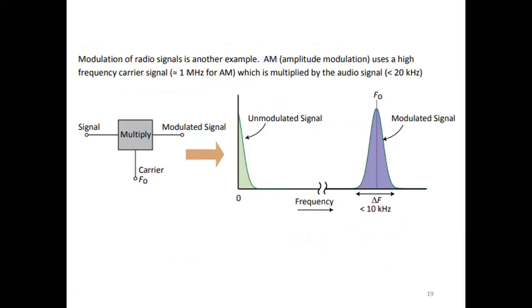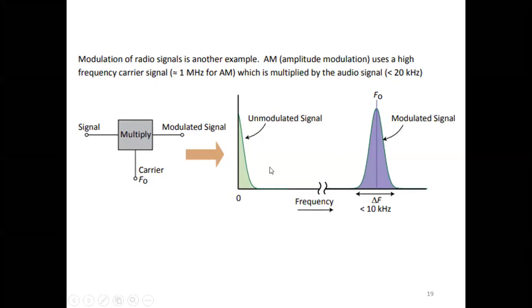And there's another way to modulate, especially the radio signal. So modulation of a radio signal is another example: amplitude modulation, AM. What is happening here? A high frequency carrier signal will be used, and the normal audio signal will be multiplied by this high frequency carrier signal, and it will generate the modulated signal.